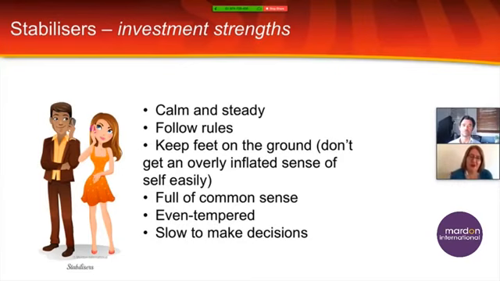They're full of common sense, so they'll look at things from a real practical perspective, and they don't get too emotional about it. And as Perry said, if there's something that has an aspect of change, then they can get emotional. But take change out of the scenario, and they're usually really even tempered.